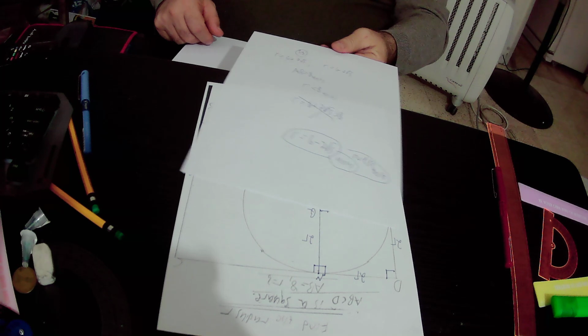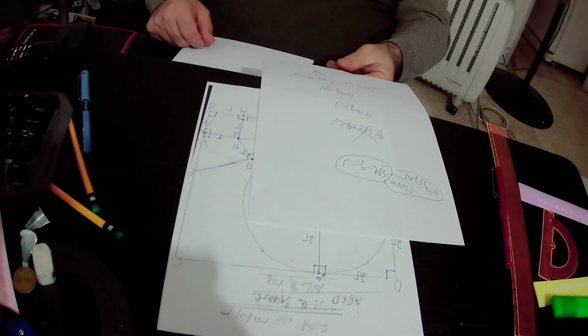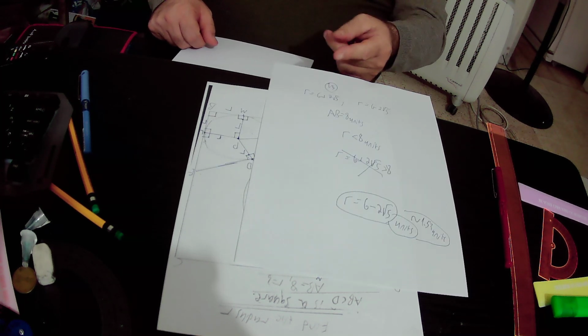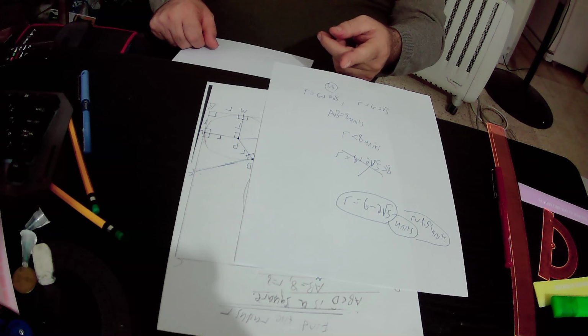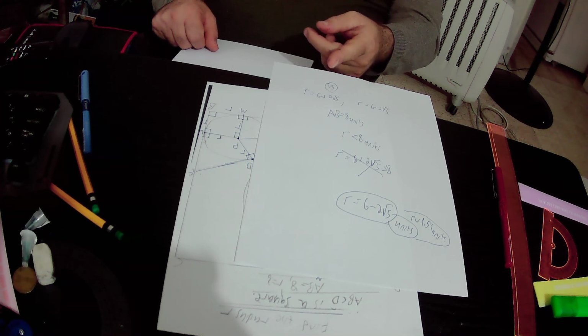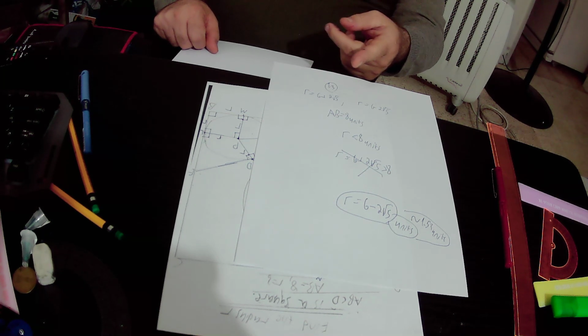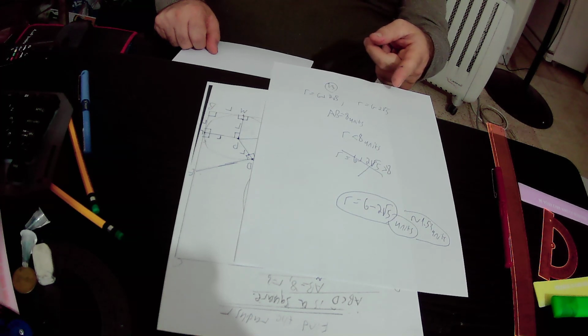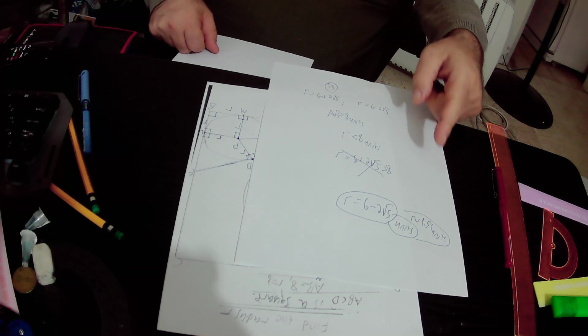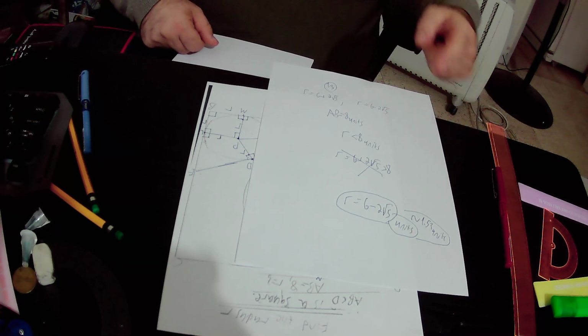So R must be less than 8 units, but 6 plus 2 times root 5 is greater than 8 units, therefore this answer is not possible, it is not a correct answer, and we are left only with the answer that the radius of the circle equals 6 minus 2 times root 5, which is approximately 1.53 units.